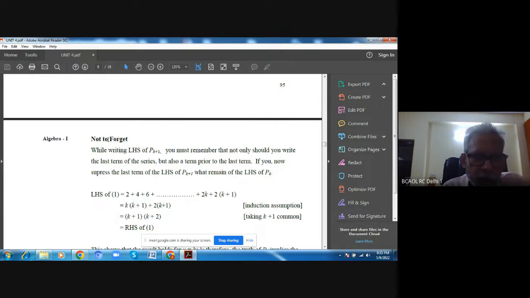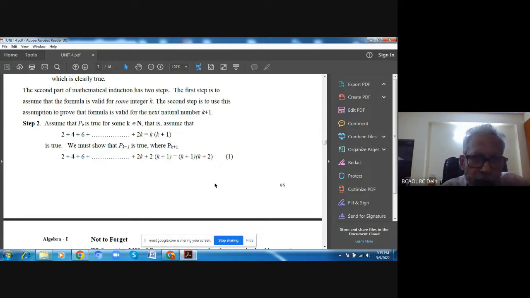Here it is written: not to forget, while writing the left hand side of P k plus 1, you must remember that not only should you write the last term of the series, but also the term prior to the last term. If you now suppress the last term of the result P k plus 1, the rest remains the same, that is, these things, 2k, and these portions are coming.